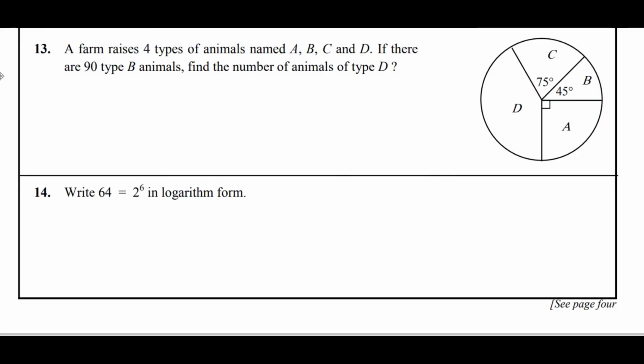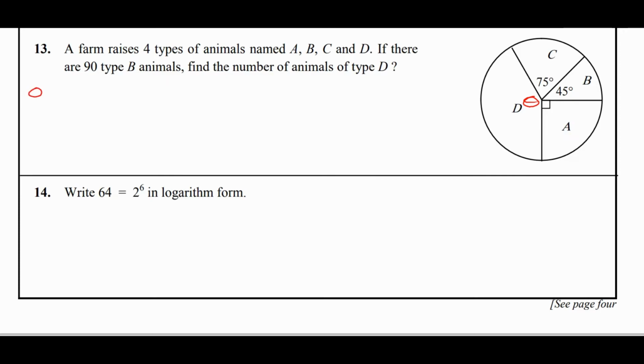Question number 13. A farm raises 4 types of animals named A, B, C and D. If there are 90 animals of type B, find the number of animals of type D. First of all, we have to find the angle of D. I will say the angle of D is theta. We know this is a pie chart, therefore the addition of all the angles should equal 360 degrees.